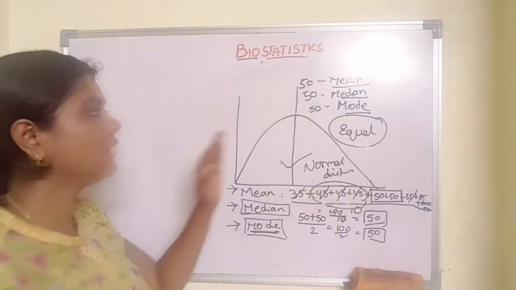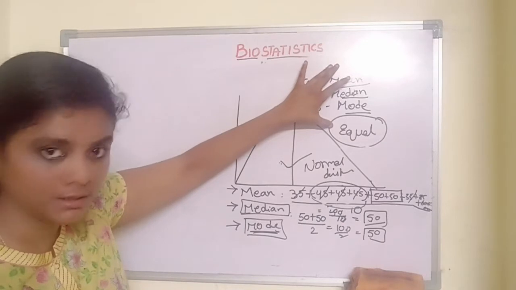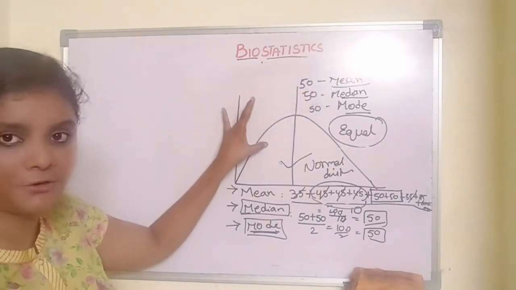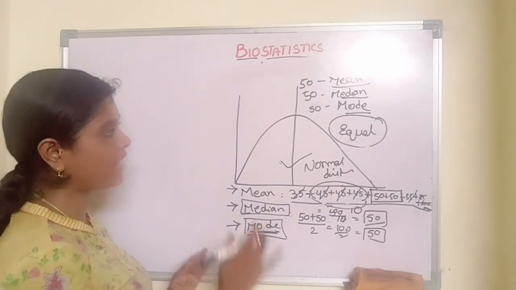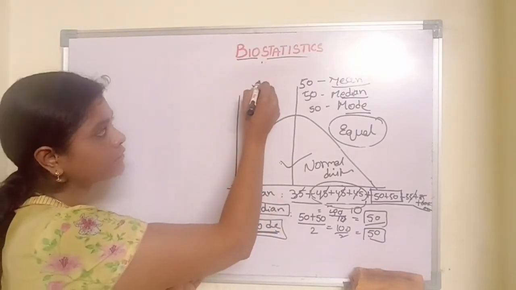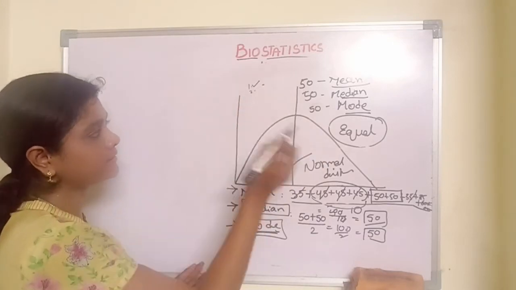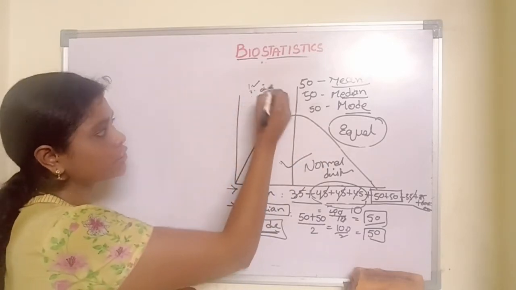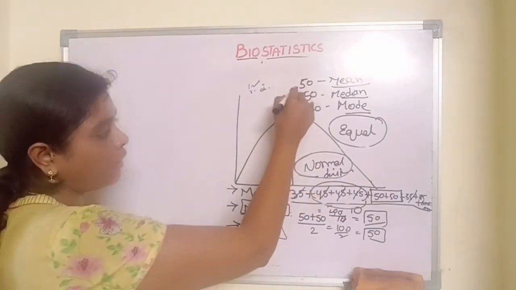Only when mean, mode and median are equal to each other will you get such a symmetrical normal distribution curve. So I hope you have understood the importance of data and its arrangement. And the next point we discussed is about the distributions, normal distribution and skewed distributions, and how to measure the central tendency.